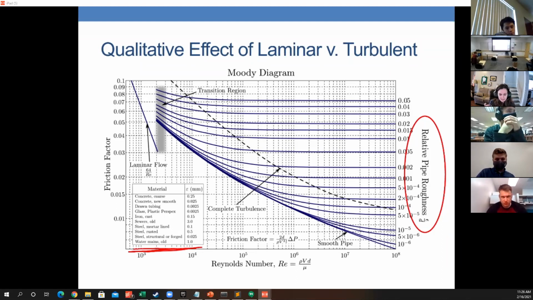As I've said, a lot of your book puts it as 0. It's probably close enough. Rusted regular steel is 0.1 millimeters, whereas rusted steel is 0.5, concrete 0.25, new smooth concrete 0.025. So in general, things that are rougher and cause more friction and more loss will have a higher roughness factor.